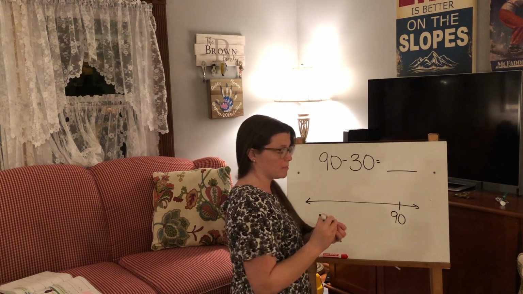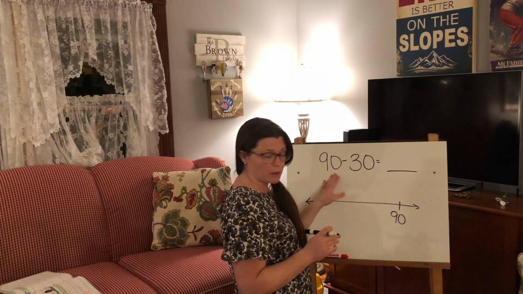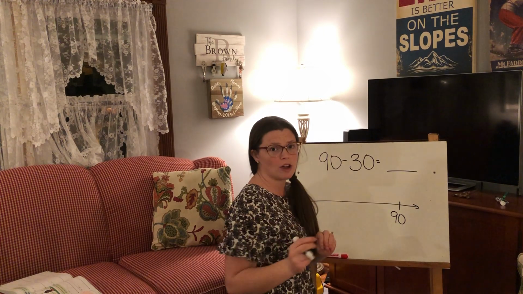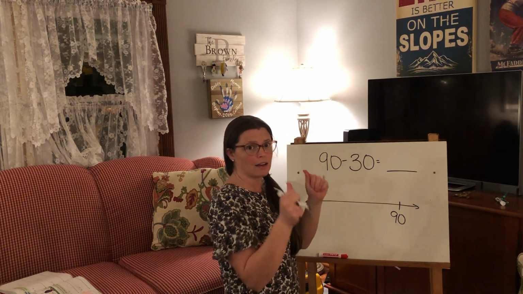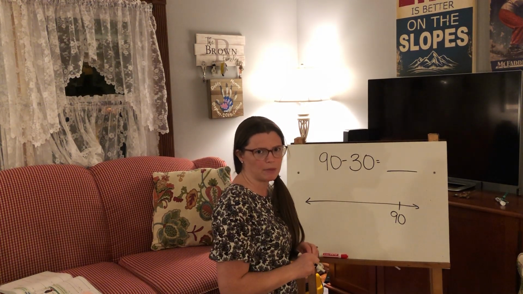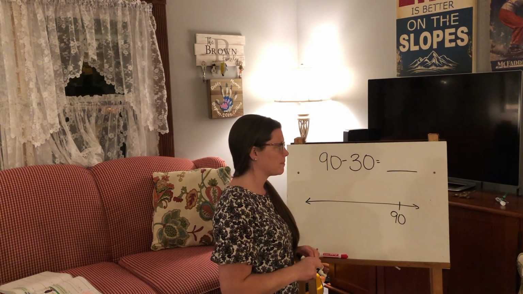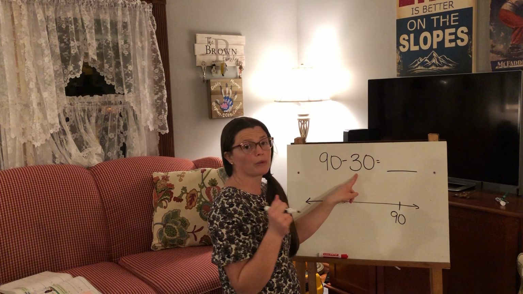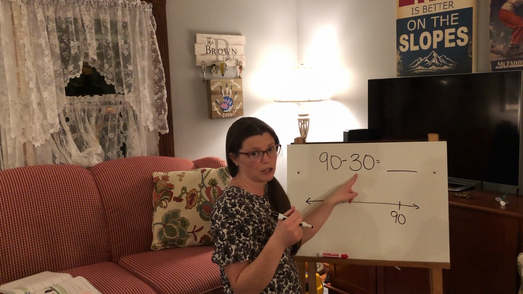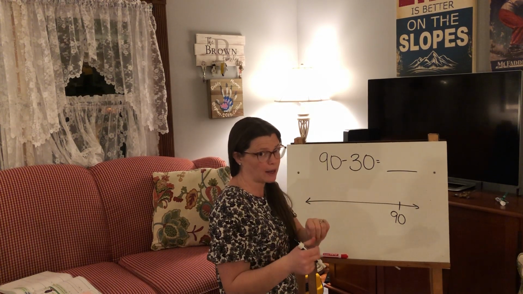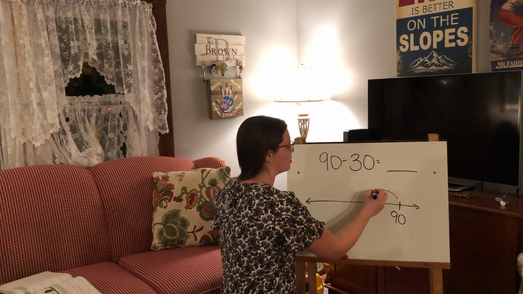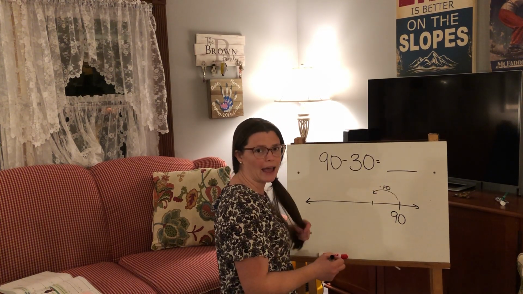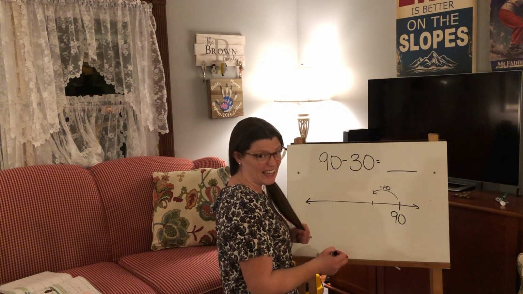Okay, so 90 is the number we're starting with, right? So I put it over here at the end. And now I have to jump back 10. How many times? Stop and think. I have to jump back 10 3 times because 30 is 3 tens, right? So I'm gonna go minus 10 and I'll end up at 80.